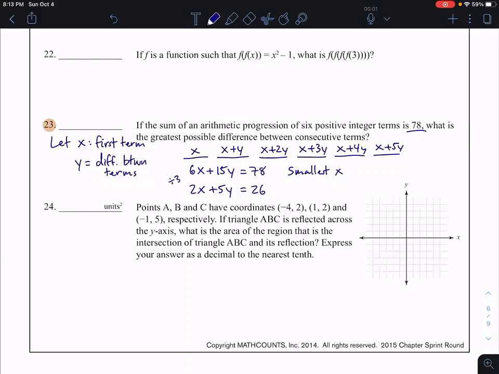So we want to make 26 minus 2x divisible by 5. The smallest possible x that accomplishes this is 3, since 3 times 2 is 6, and 26 minus 6 is 20. So if x is 3, then that means y is 4. And that's our answer.